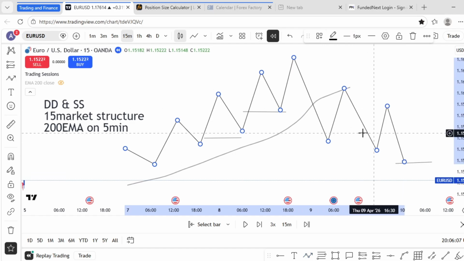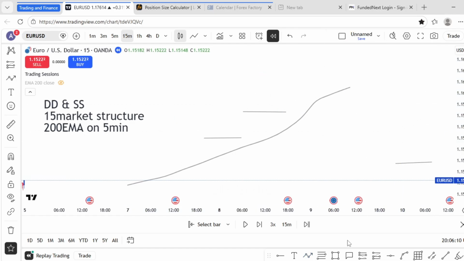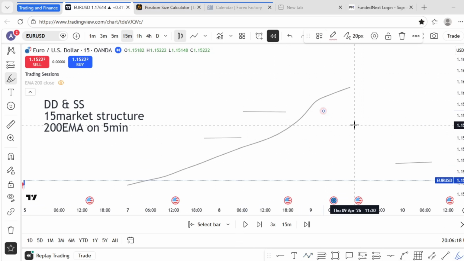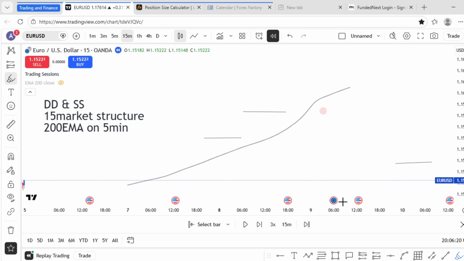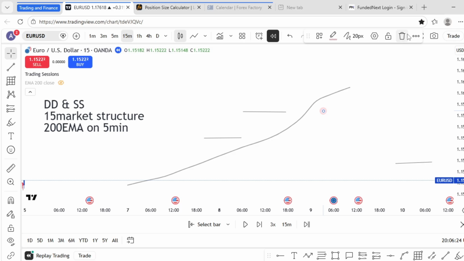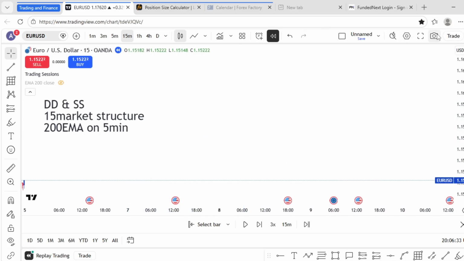Let me get rid of this because the place is scattered. Okay, so let's look at the sell side of things.